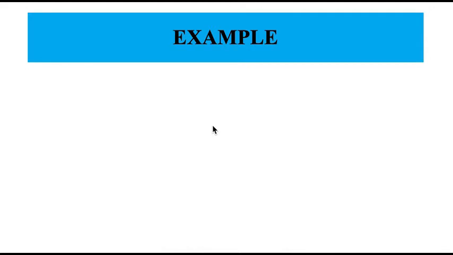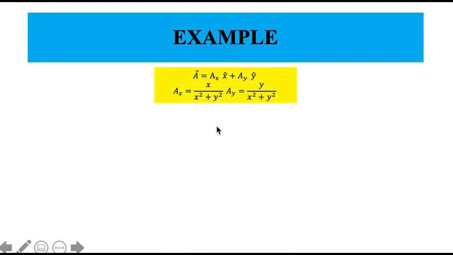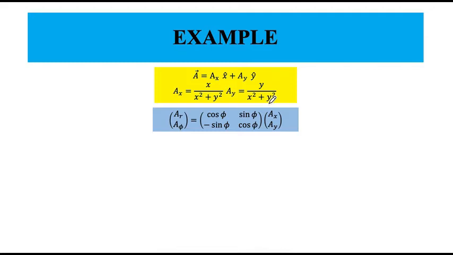I have a vector A which is described in rectangular coordinate system having components ax and ay. Okay, ax and ay are x over x squared plus y squared, and y over x squared plus y squared. Now I want you to find the vector in cylindrical coordinate system. How do I find the vector in cylindrical coordinate system? I have to use the formula that I developed in the last slide, this transformation matrix.